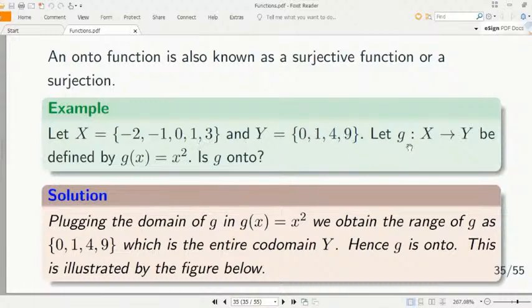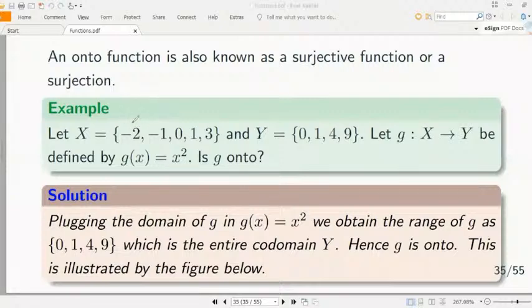Let G, assigning elements of X to those of Y, be defined by this. And the question is, is this G onto? This is the domain. We want to see whether all these elements would be assigned to. And this is the definition.